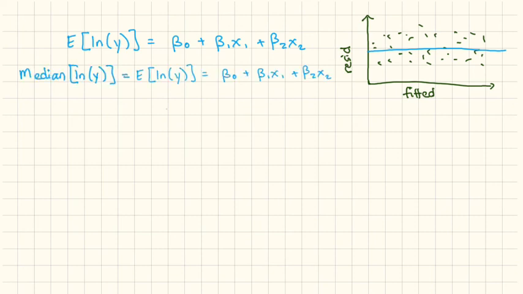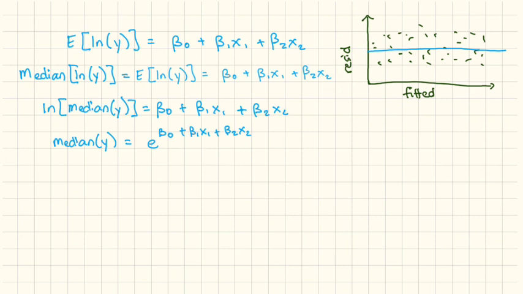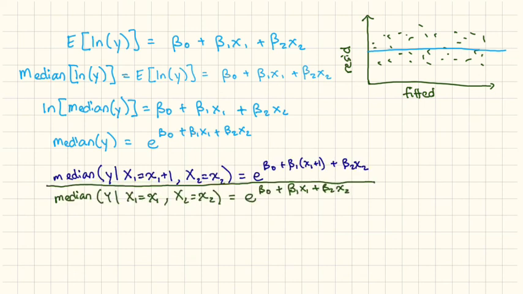So now I'm going to start talking about the median log of y. With the median, I can take the natural log through. So here's my natural log, it's come through. And now to get rid of the natural log, I'm going to exponentiate everything. Now I'm going to go ahead and compare. I'm going to look at beta 1, and compare a group where x1 is 1 larger and x1 is 1 smaller.